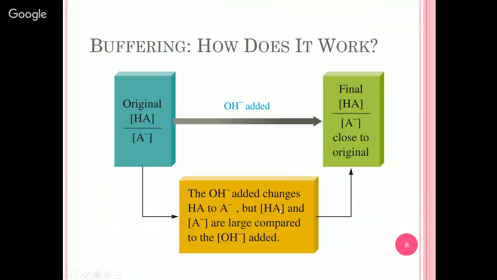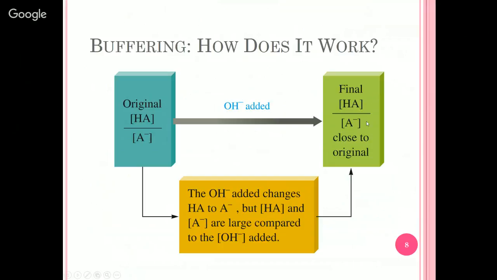The concentrations of HA and A minus are large compared to the concentration of OH minus that was added. This has been neutralized, so all we've really done is change some HA into some A minus.